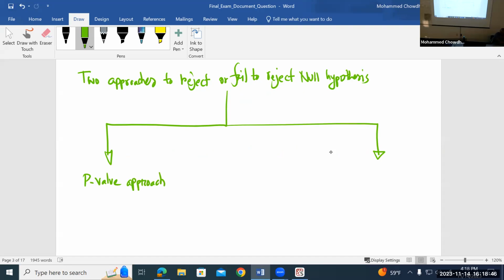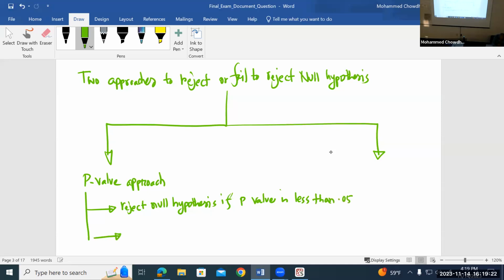So reject the null hypothesis if p-value is less than 0.05.